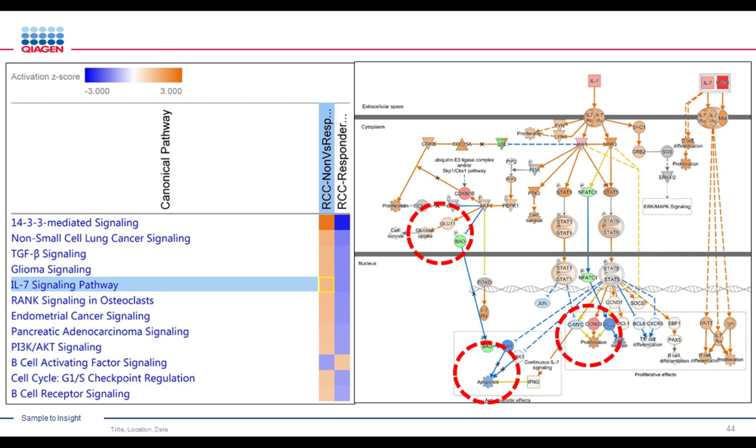And even though I have opened up a different pathway, in this case the IL-7 signaling pathway as opposed to the molecular mechanism of cancer pathway that we saw in previous slides, you see similar conclusions: apoptosis is off, bottom of the screen, proliferation is off, bottom right of the screen, and on the left-hand side of the pathway, you also see altered metabolism, which is also one of the characteristics of cancer.